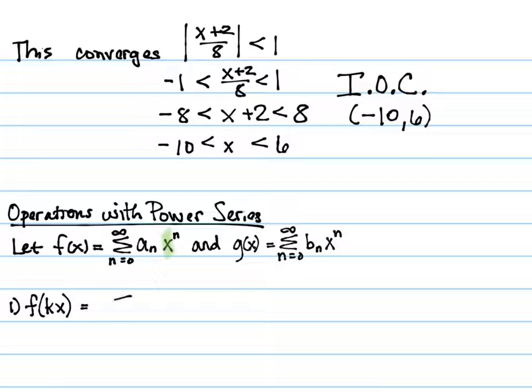Well, when I do that, it means that I'm going to have the same a sub n at the beginning, but then now I have k times x to the power n, or if you prefer, you have k to the n, x to the n. It's exactly like you would think it would do, right?